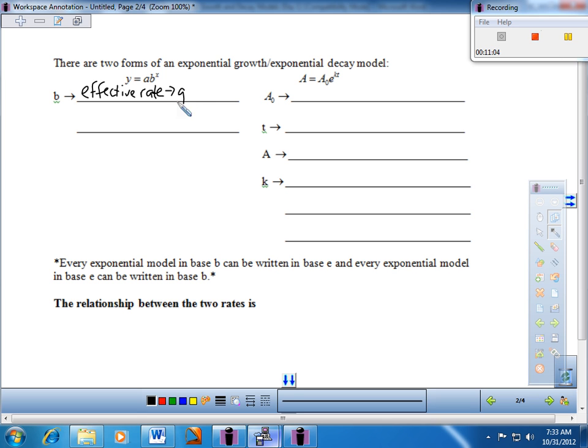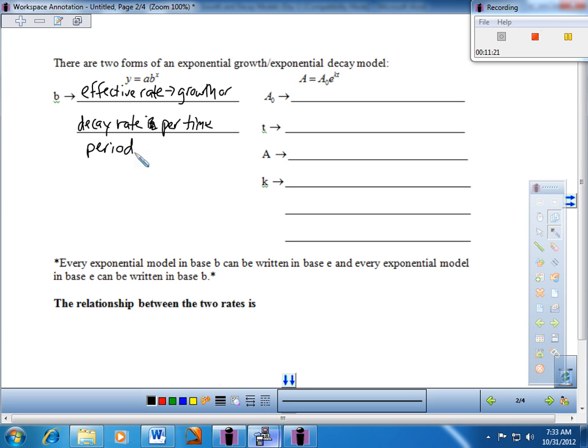It truly is the growth or decay rate per time period. By what percentage did it increase over the course of a year? By what percentage did it increase in any particular time period? That will be given by that B value. So the effective rate is really that B, the true growth rate over the course of a time period.